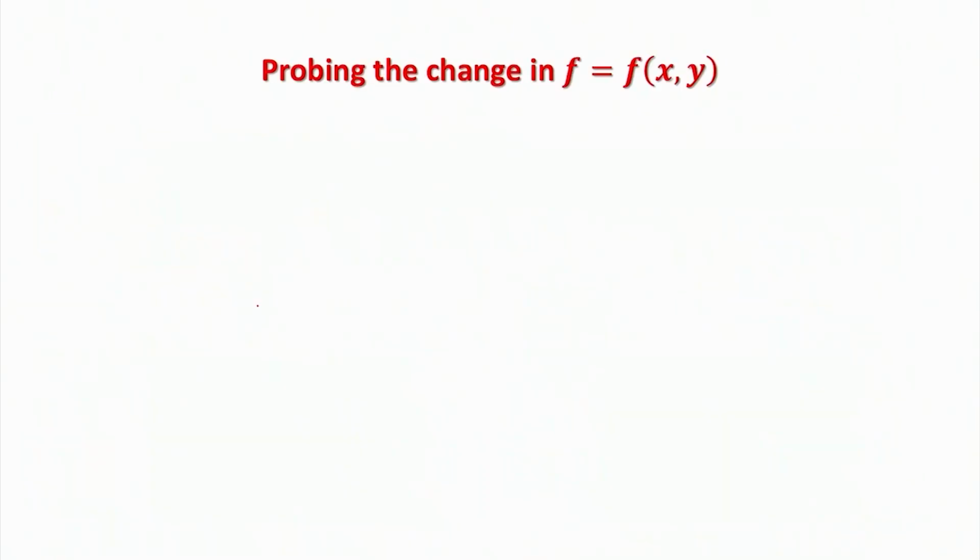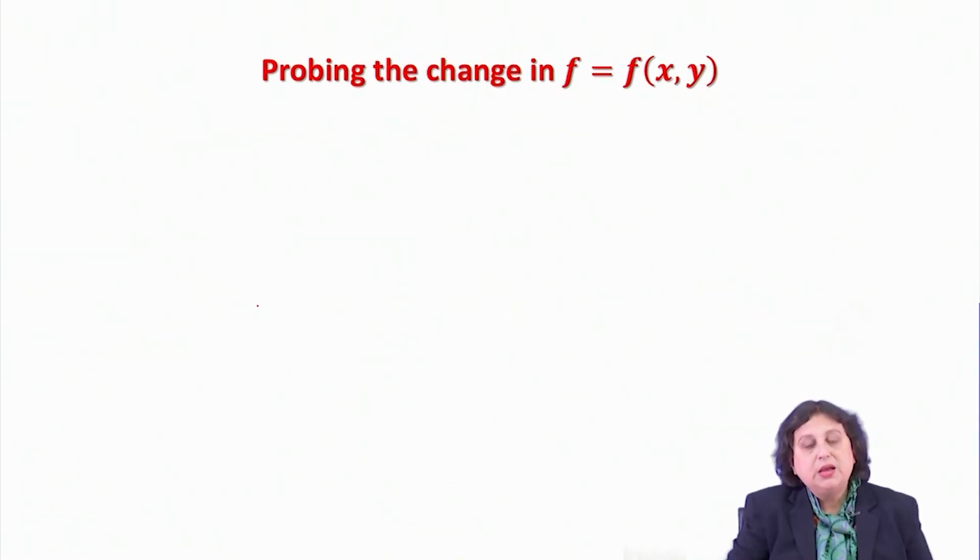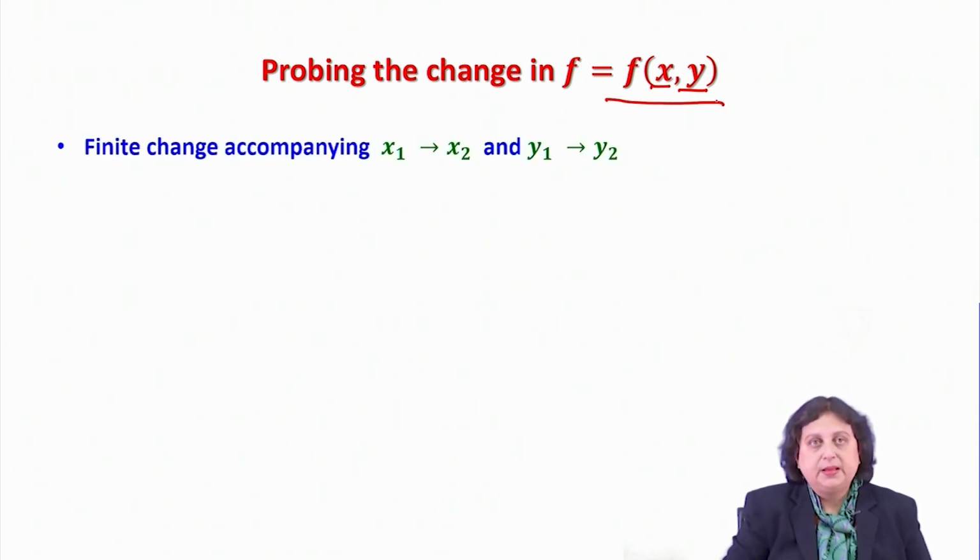And here the important idea is, I have two independent variables, for instance, like x and y. Let me have a function which is a dependent function of these two variables, f, which I represent as f of x, y.